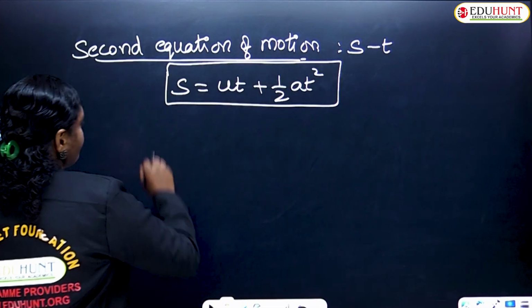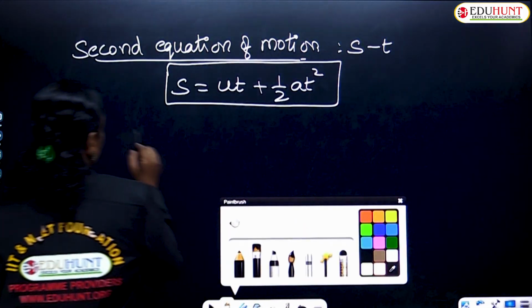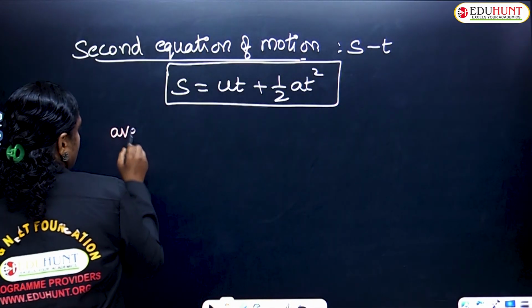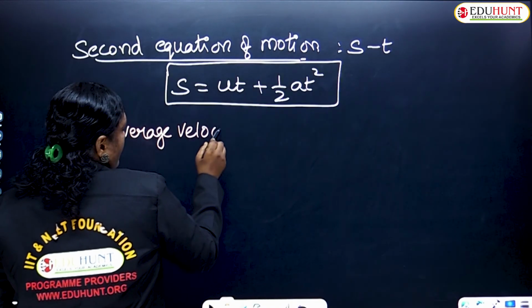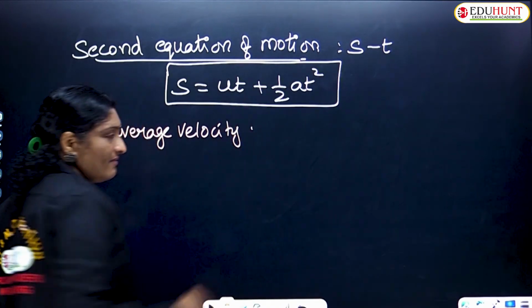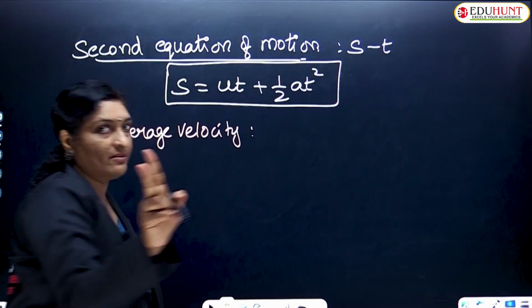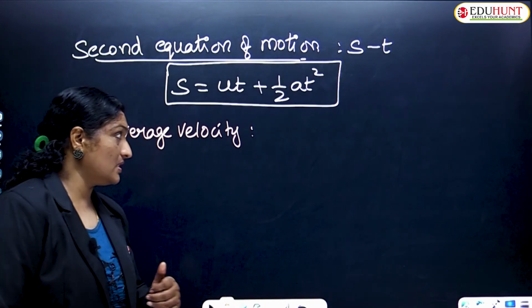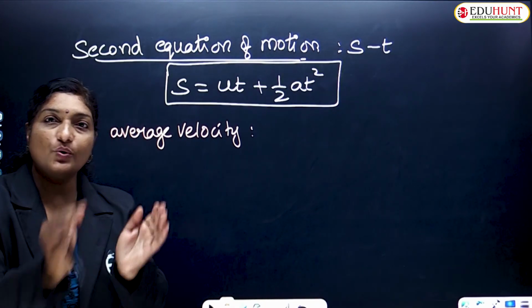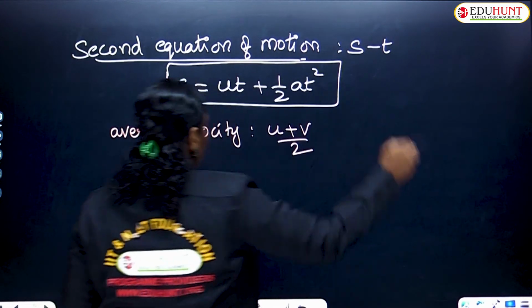Children, we know that average velocity is given by this: if u is the initial velocity and v is the final velocity, then the average of u and v is given by u plus v by 2.